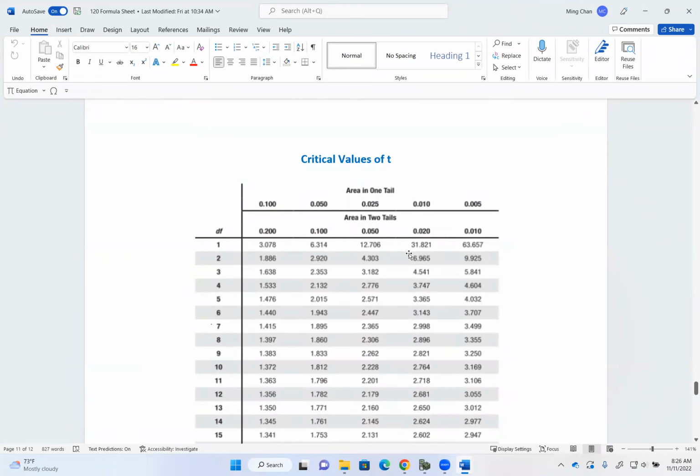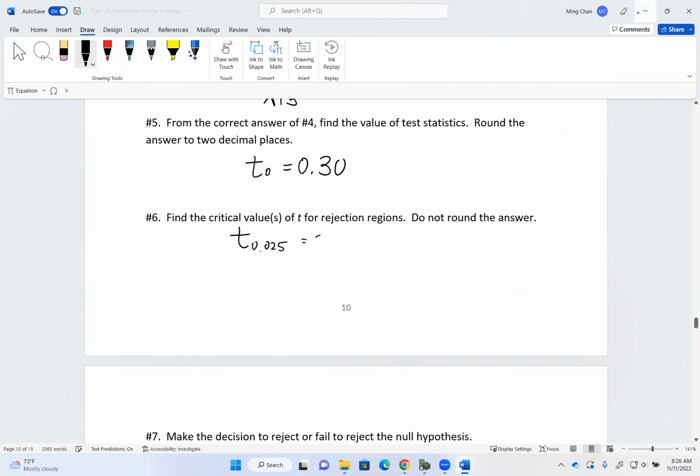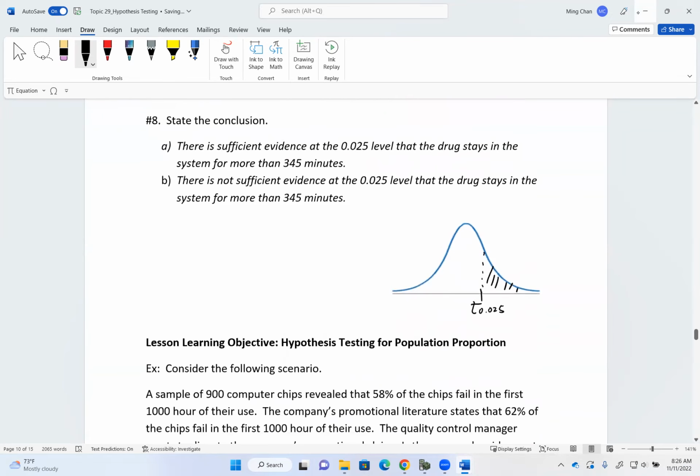Sample size is 13, so degree of freedom is n minus 1, which is 13 minus 1, which is 12. So 2.179. This is our critical value, 2.179.